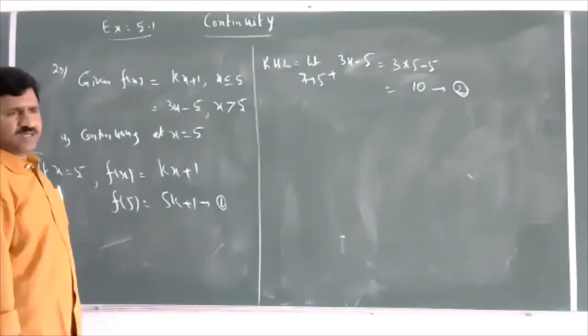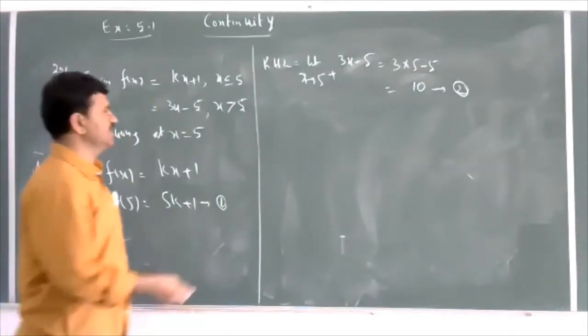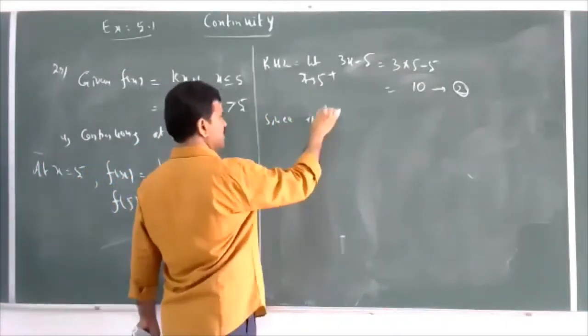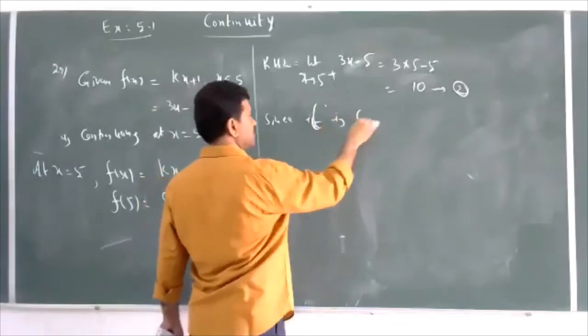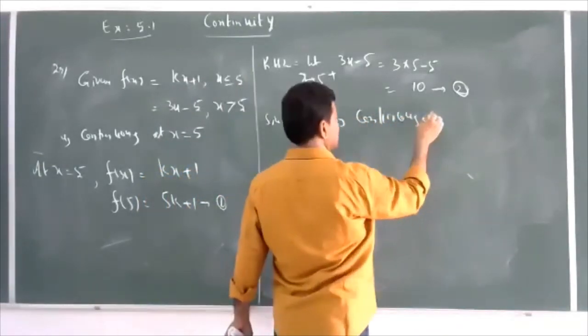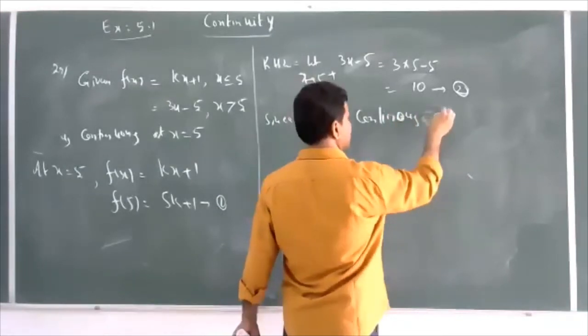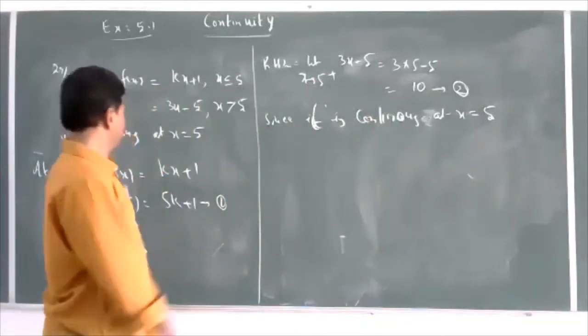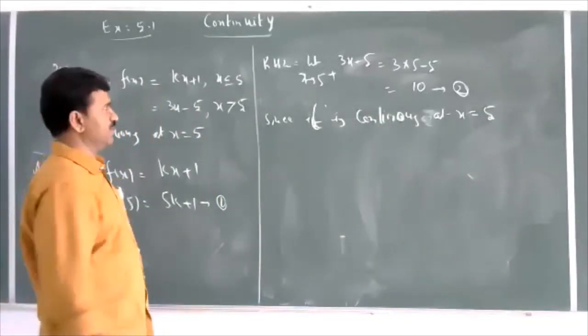Since it is continuous at x is equal to 5, it is given to you. So function value is equal to right limit.